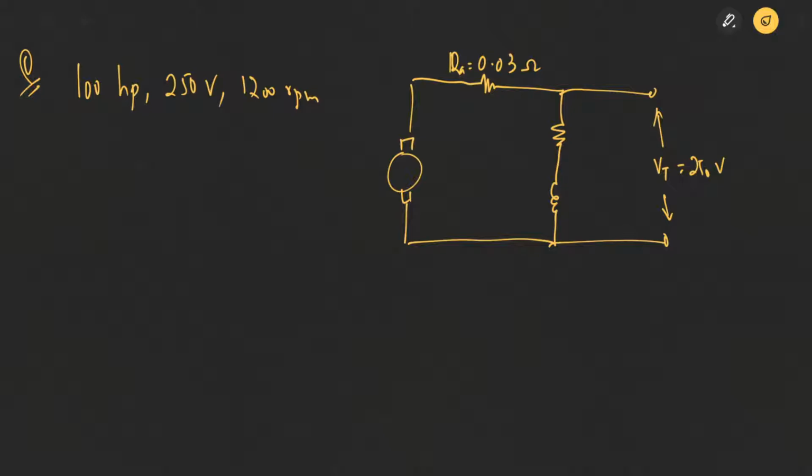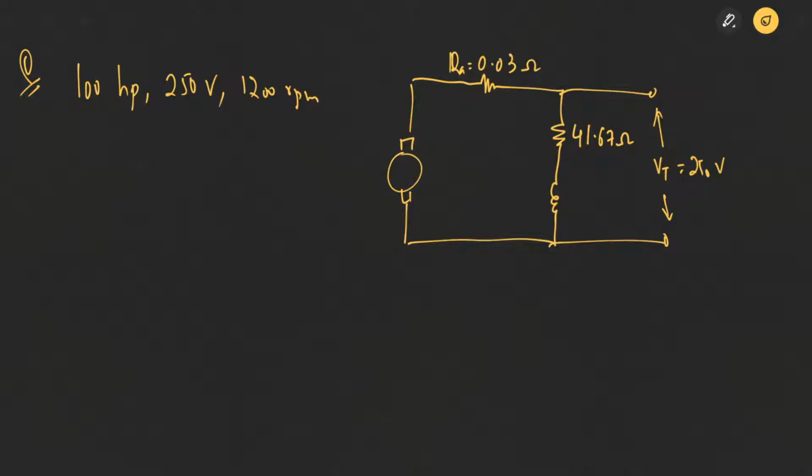And what else is given to us? A field resistance of 41.67 ohms. So a 100 HP, 250 volt, 1200 RPM shunt DC motor with armature resistance of 0.03 ohms and a field resistance of 41.67 ohms.